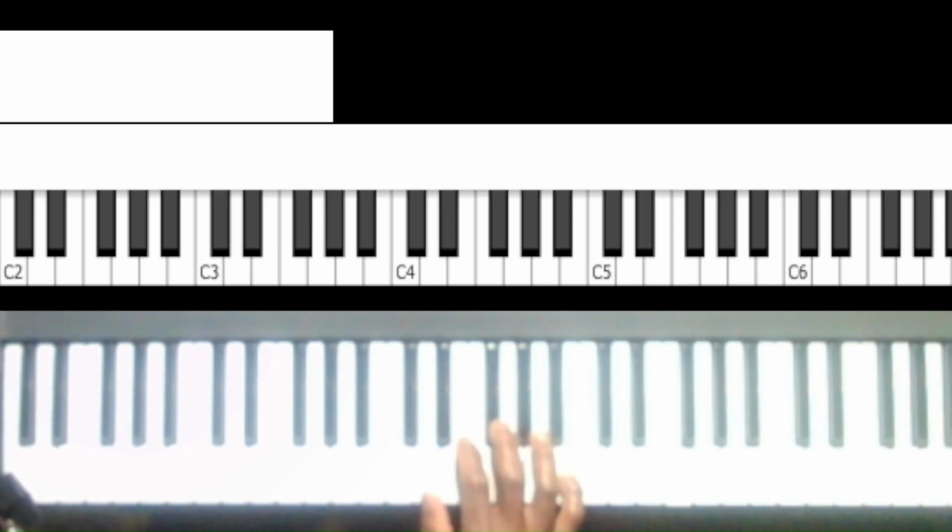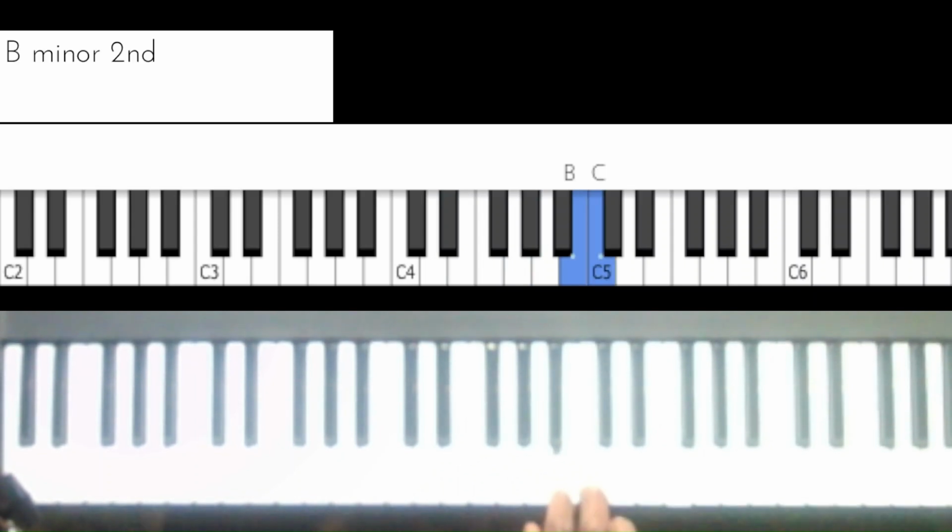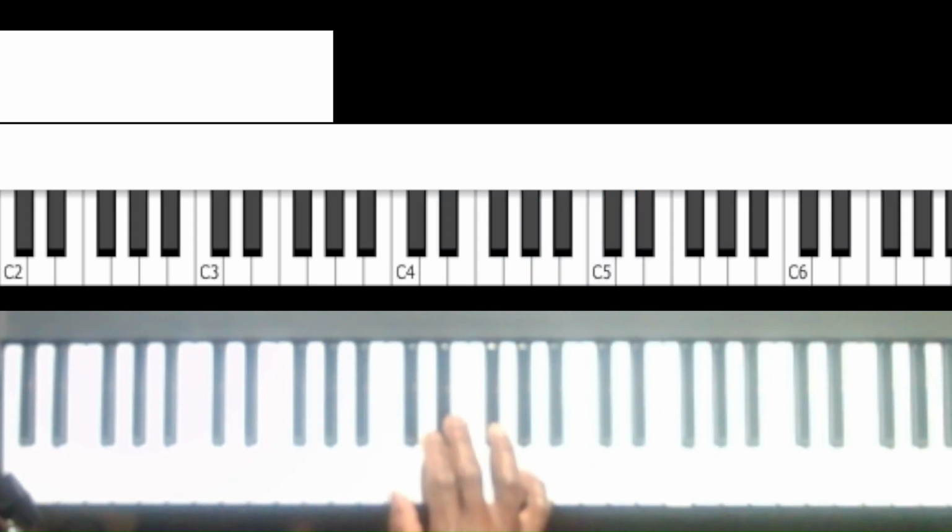And the Dorian mode would be re, mi, fa, sol, la, ti, do, re, mi, fa, sol, la, ti, do, re. That's all it is. You're just starting on another note.